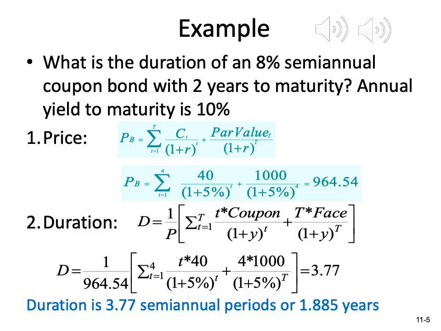So what does 1.885 years mean? It means this 2-year bond takes about 1.885 years to take back your initial investment, $964. The remaining 0.115 years are the time period you are going to collect the interest payment.